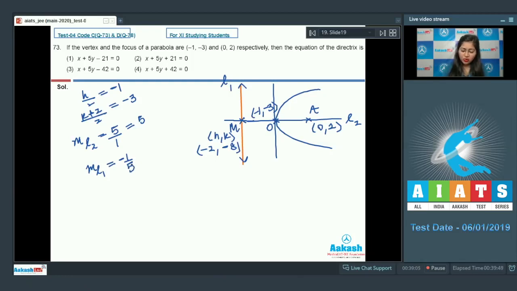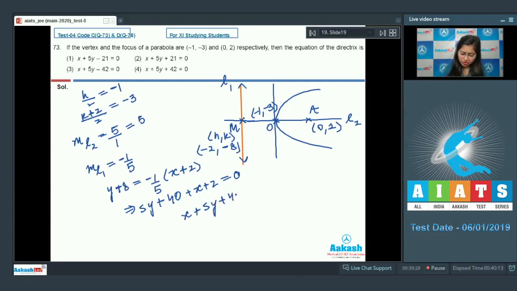Now the equation of the directrix will be y - y1, that is y + 8, equal to m, that is -1/5, into (x - (-2)), that is x + 2. So the equation of the directrix is 5y + 40 + x + 2 = 0, that is x + 5y + 42 = 0. That is, the correct answer is option number 4.